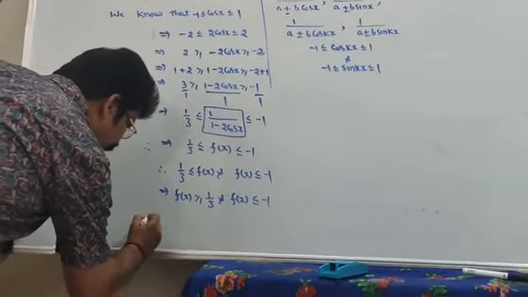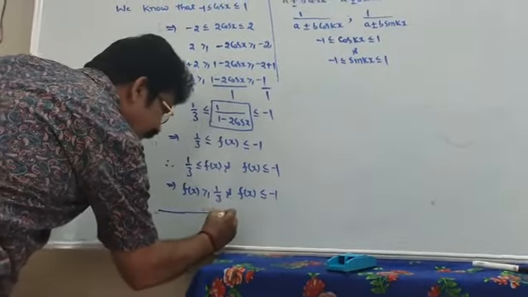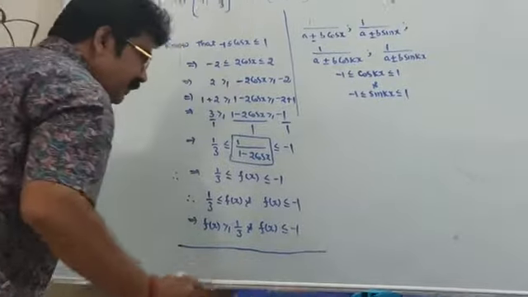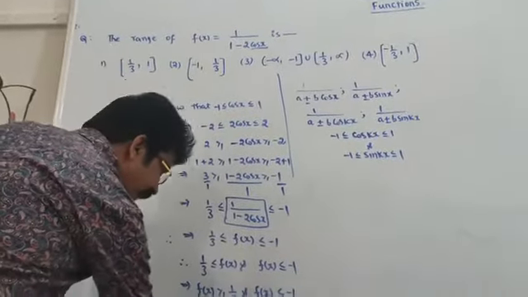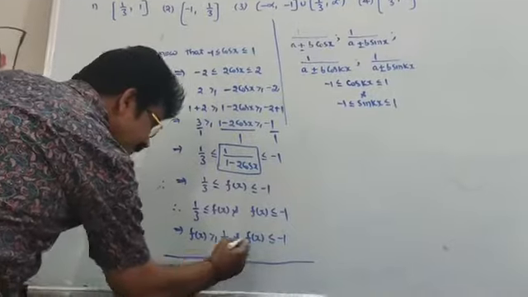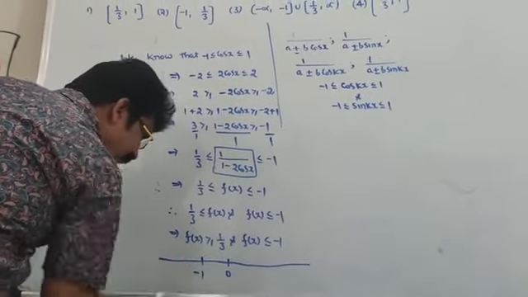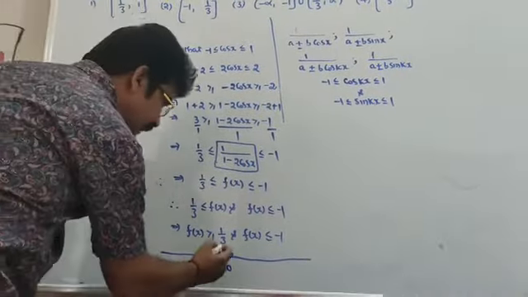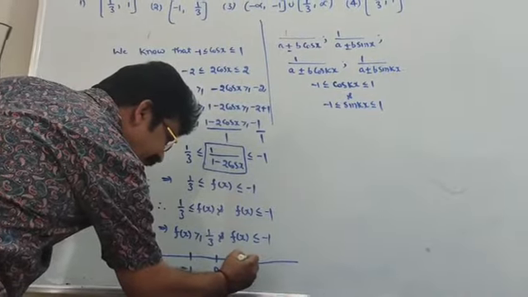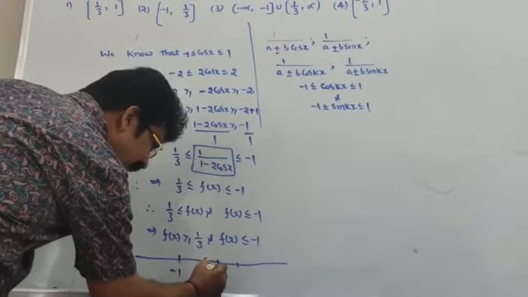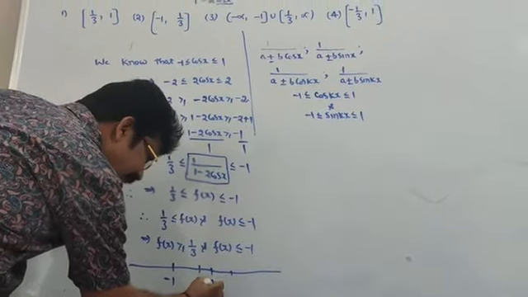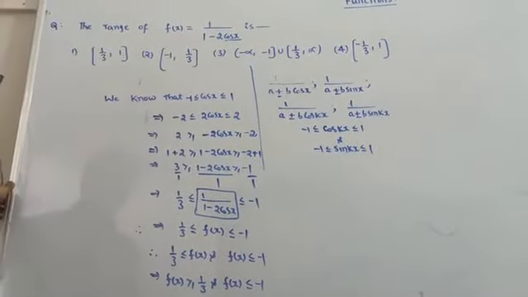So by using the graphical method we write the intervals. Here this is 0, next -1, this is -1 on the real line. Next 1 by 3: for example, if it is 1, then 1 by 3 is here, almost 0.3.